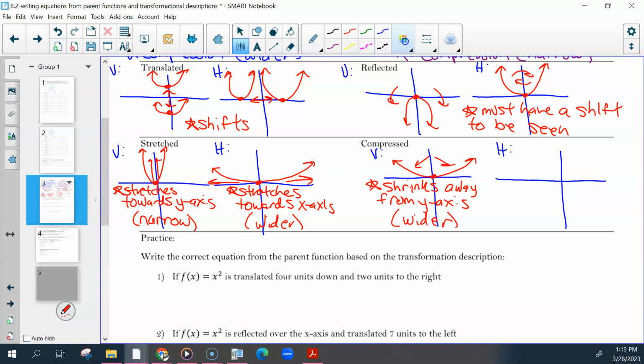Which is why it gets wider. And then the last one would do the same thing. It's going to shrink away from the x-axis, so it'll start to get narrow. It shrinks away from the x-axis.